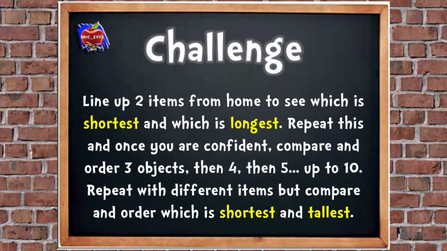So you can do it from shortest to longest. Then 4 objects, then 5, all the way up to 10 objects. And then once you've done the length, I want you to measure the height of something, and then you need to compare and order which is the shortest and the tallest. Alright, have a good go at that one.